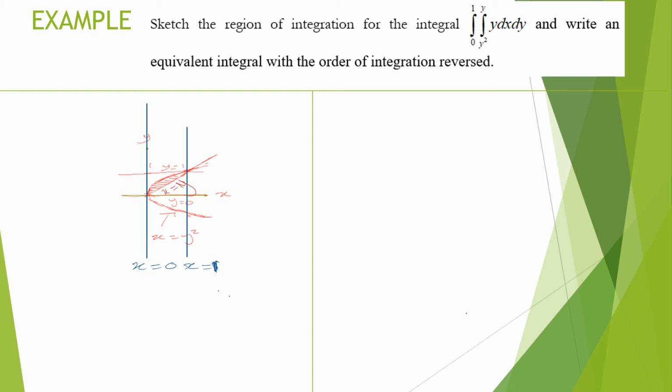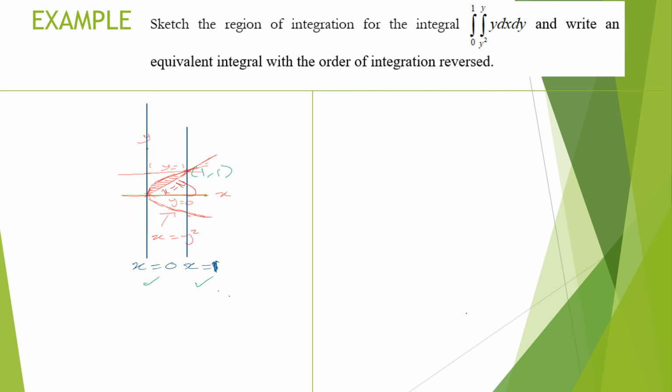This one is x equals 0, which is the y-axis, and this line is x equals 1, because we know that the point of intersection here is (1, 1).